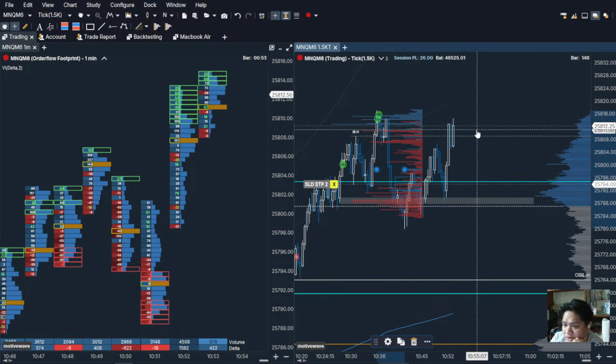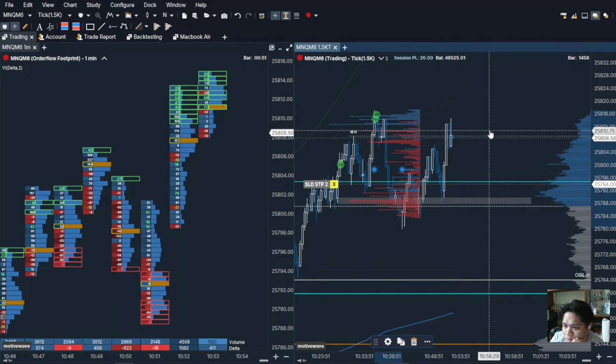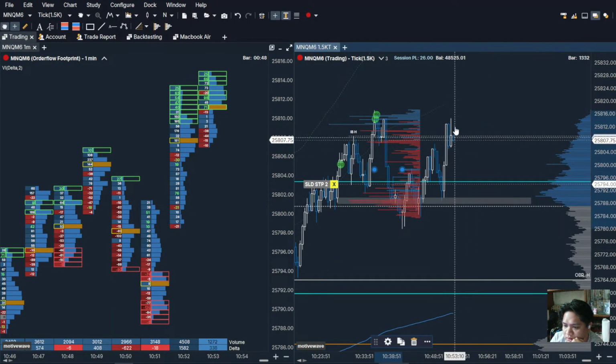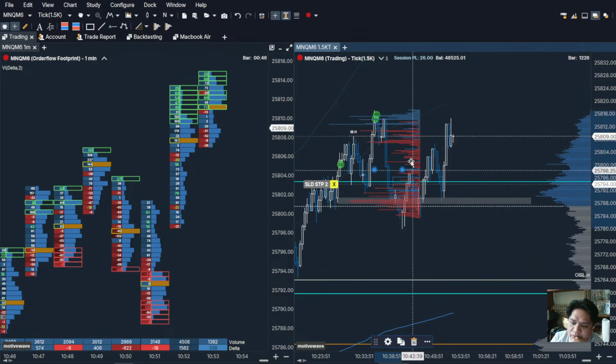Let's set up for the sells though. Sellers still have sellers here, so we want to see it push towards the downside from here.